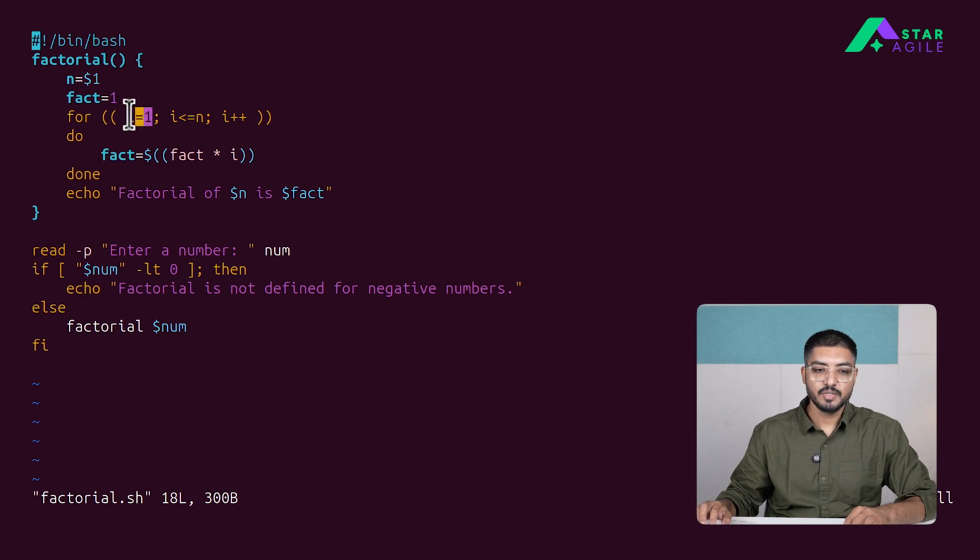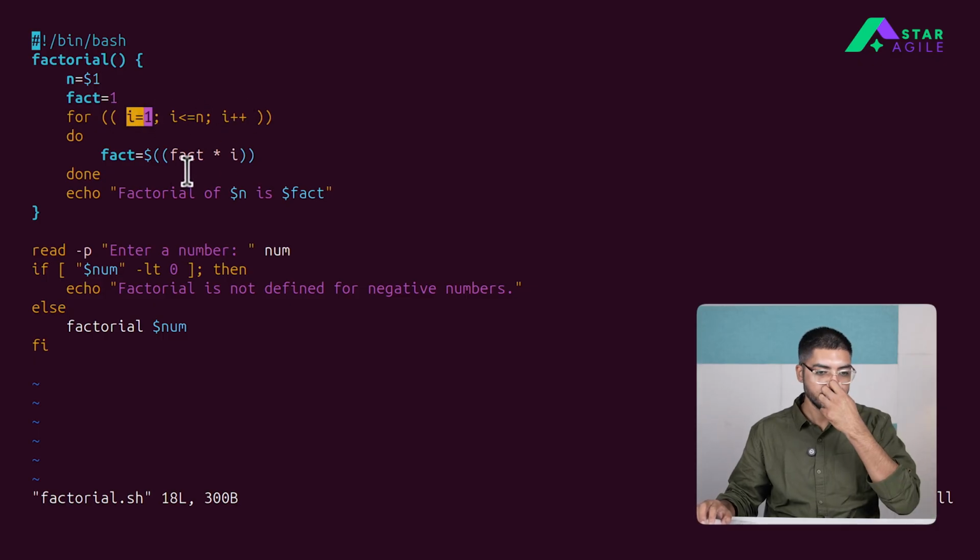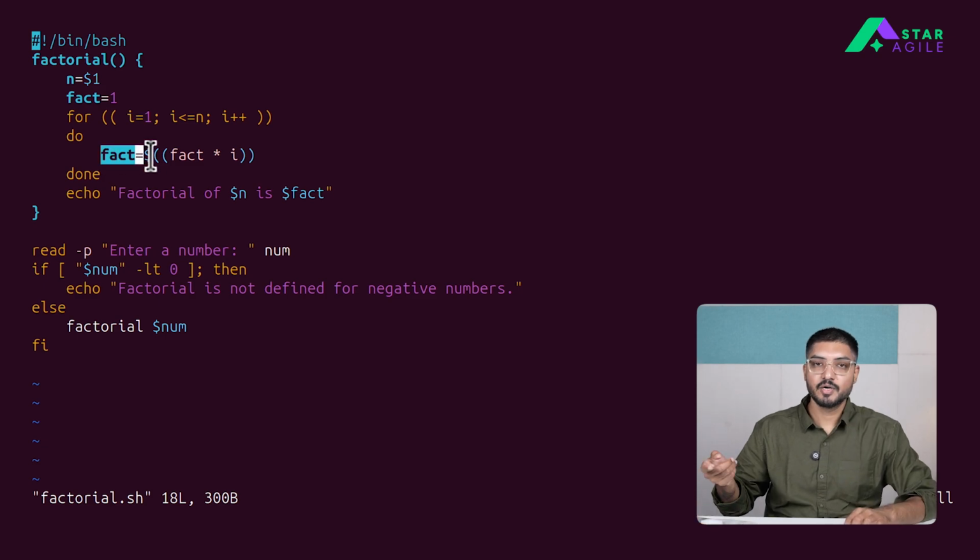It says, okay, i is still less than or equal to n, so again calculate the factorial: take the fact value, whatever is stored, multiply with i, and then increase i from 1 to 2. So fact becomes 2 into 1, then 3 into 2 into 1, then 4 into 3 into 2 into 1, something like that. It will calculate, and then store the factorial value into fact.